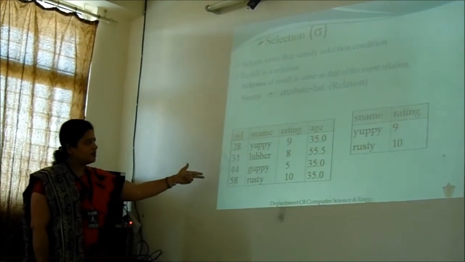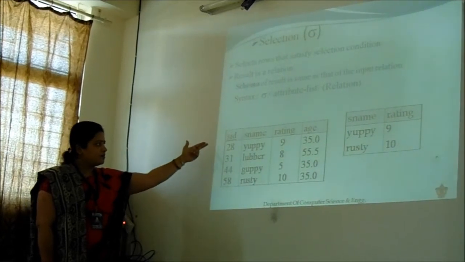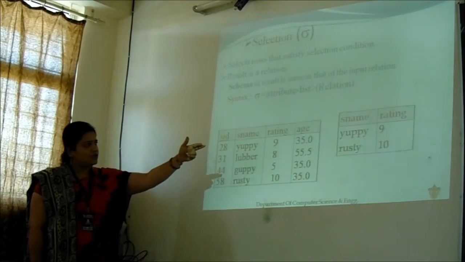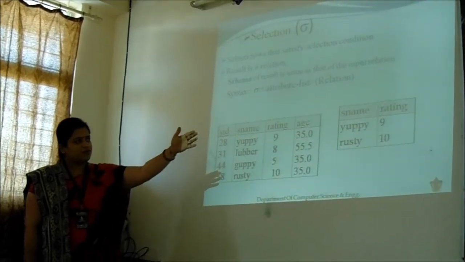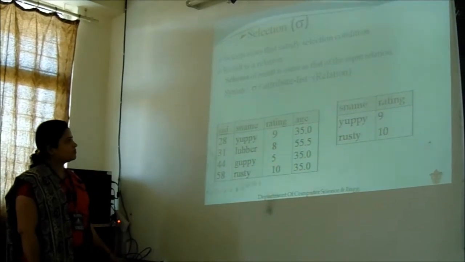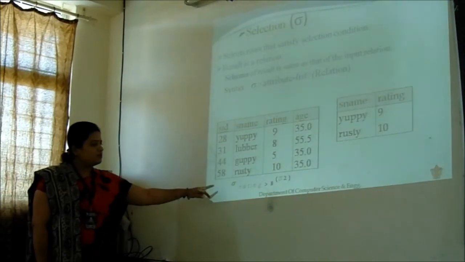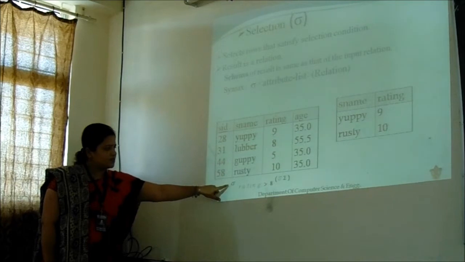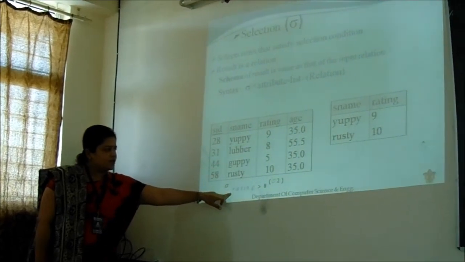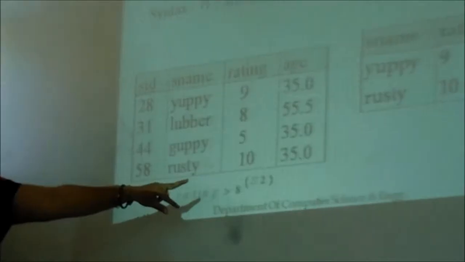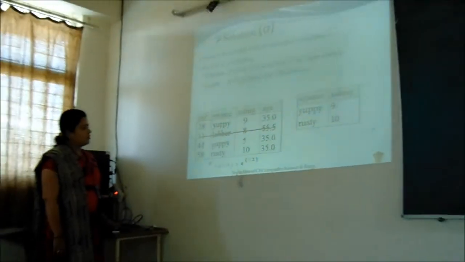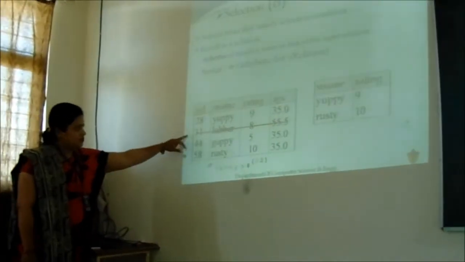This is again an example database. Here the attributes are student ID, student name, rating, and age. In the second database, S name and rating are the attributes. By using the selection operator, we follow the syntax: sigma, condition rating greater than 8, on the database S2. Now it will evaluate as shown.